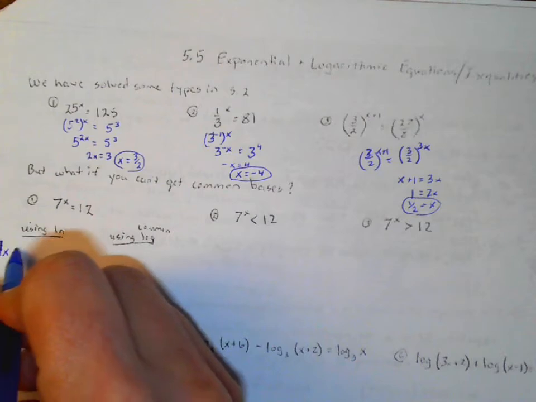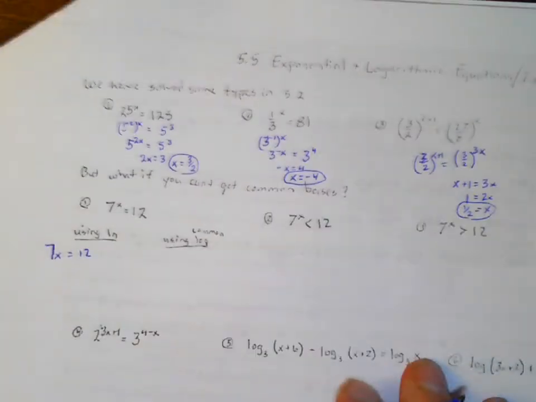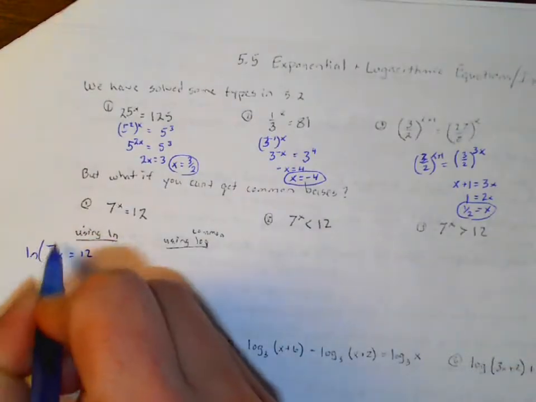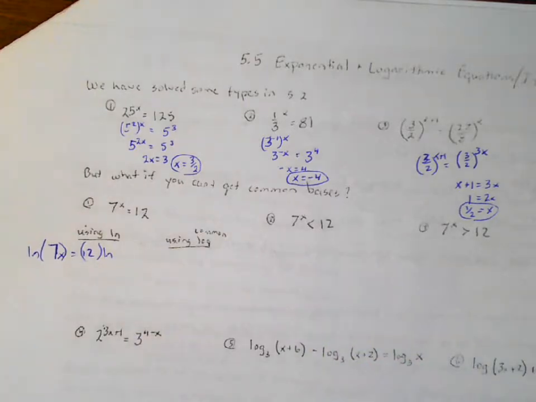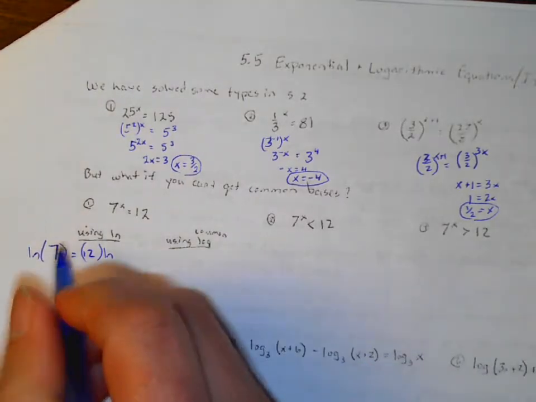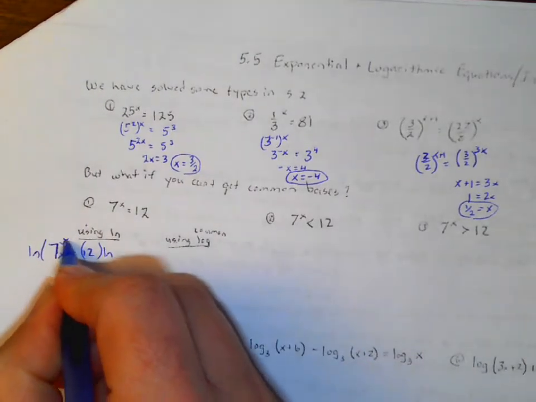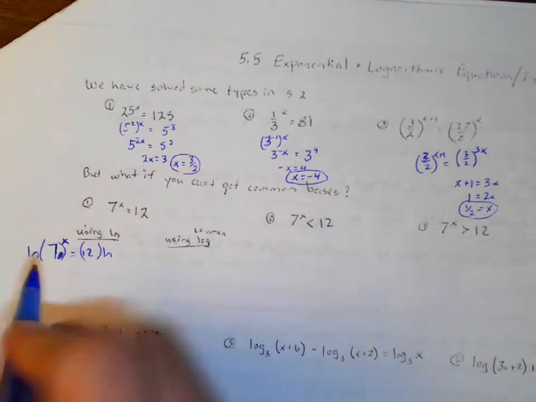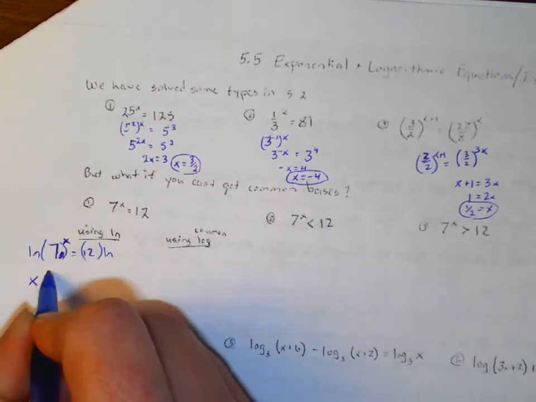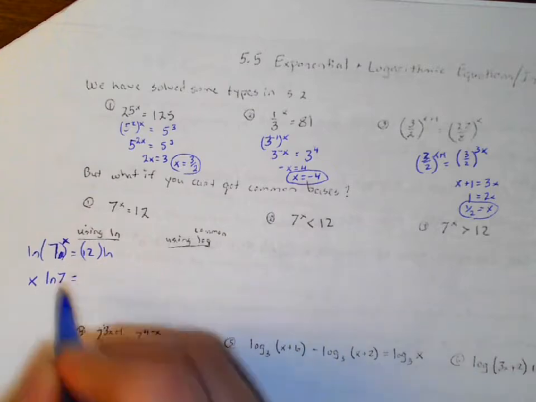say I have 7x is equal to 12, right? So what I can do is I can take the natural log of this side, and I can take the natural log of this side. Okay? Sorry, this is 7 raised to the x, not 7x. Okay, now using the power rule, this is the same thing as x times natural log of 7.